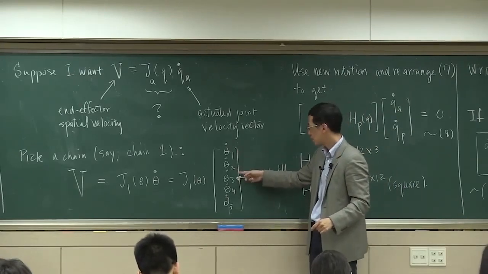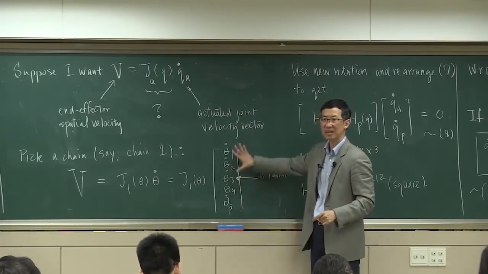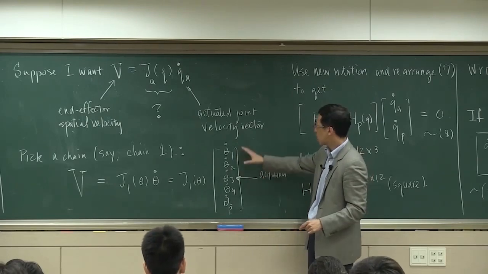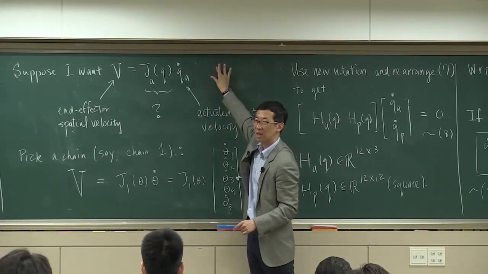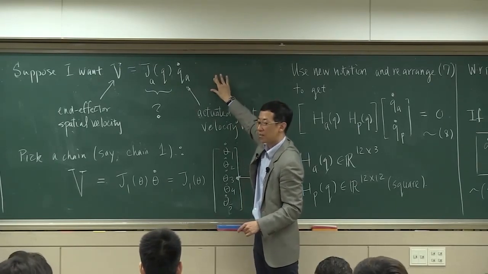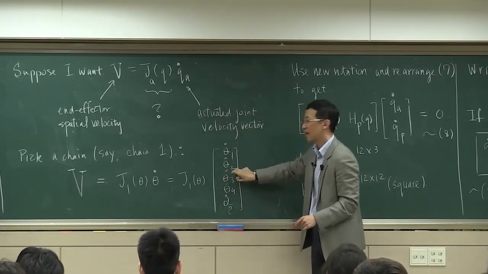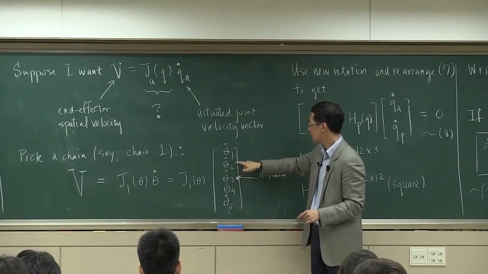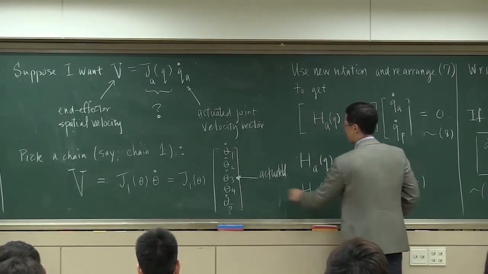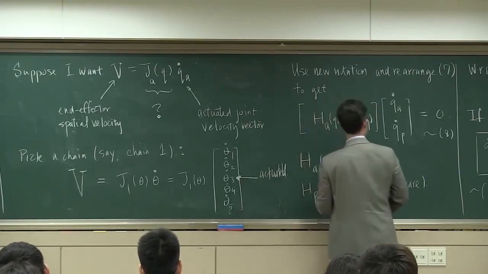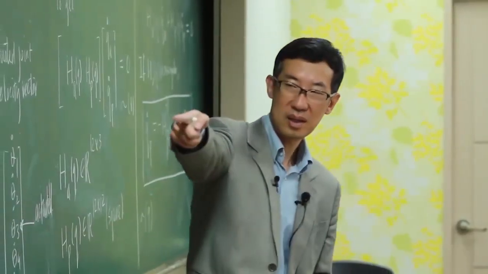Theta 1 dot, theta 2 dot, theta 4 dot, theta 5 dot. I don't want this. I only want QA dot appearing here. So theta 3 dot, phi 3 dot, psi 3 dot. So this is okay. These I don't want. All right. So how do I get rid of these? Well, that's where we use that equation.